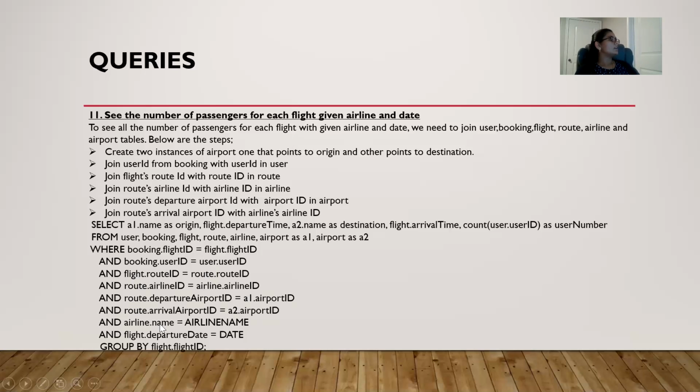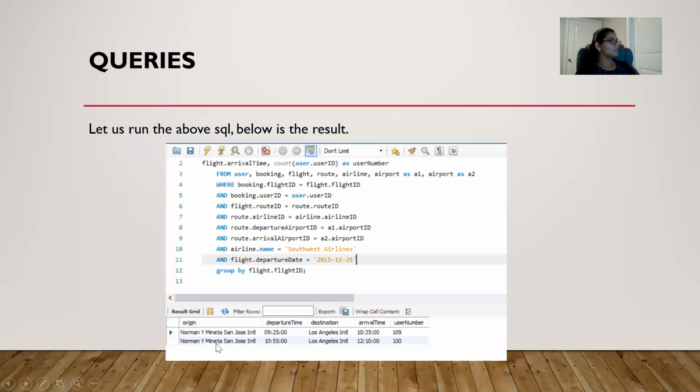Then we match the airline name and departure date and group by flight ID. So this is the query, and I have kept filter for the Southwest Airlines and the departure date as 25th December 2015. The result of this query is shown here.